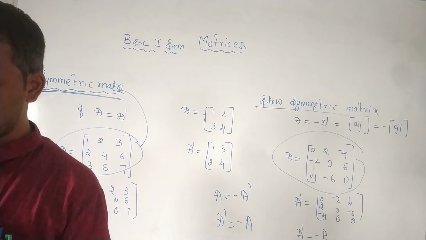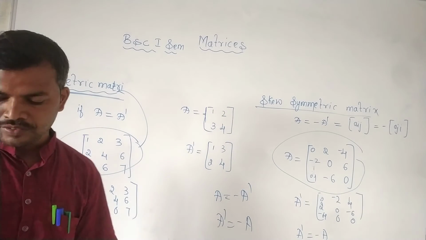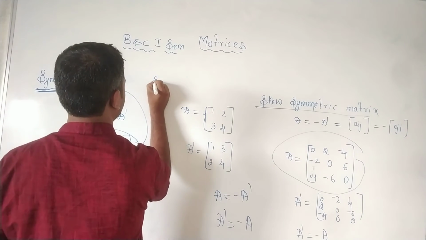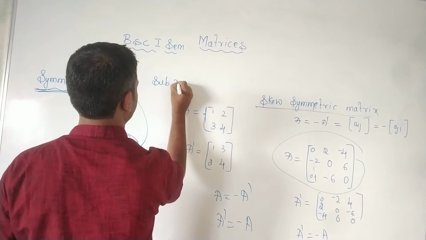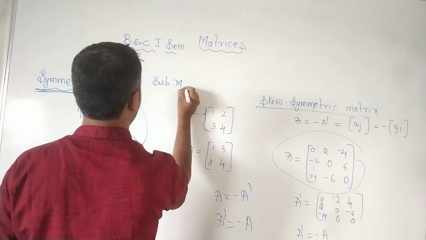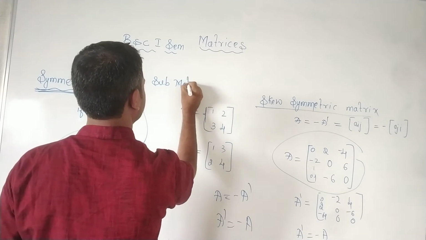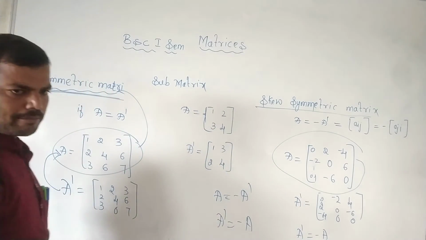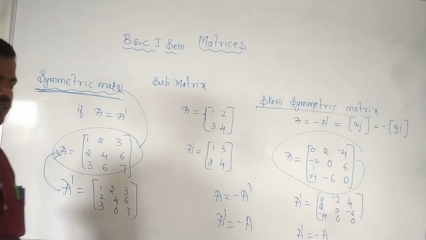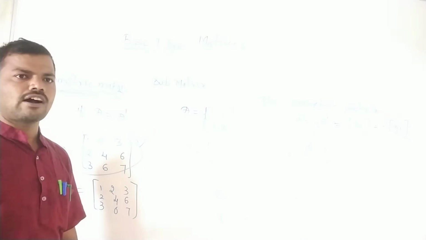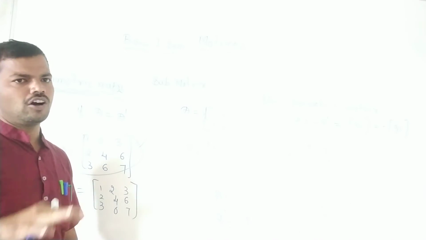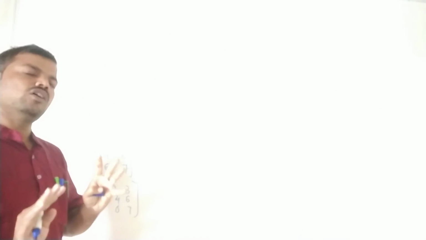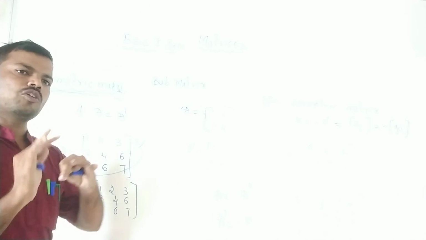Next, after this we have to study the submatrix. Submatrix means what? This is a new word we are going to discuss. A submatrix is a matrix obtained by deleting some rows and columns of the given matrix, only a row, only a column, or both together.